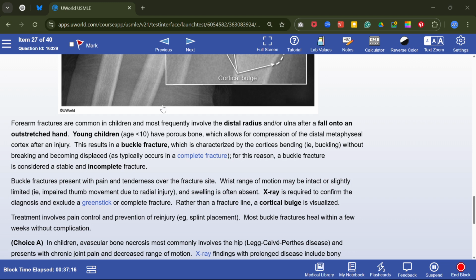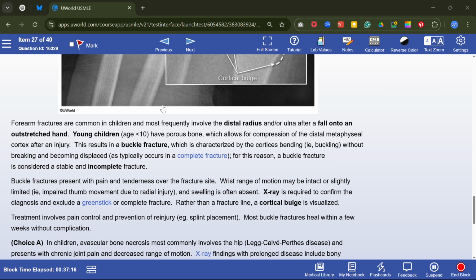Young children, age less than 10, have porous bone, which allows for compression of the distal metaphyseal cortex after an injury.